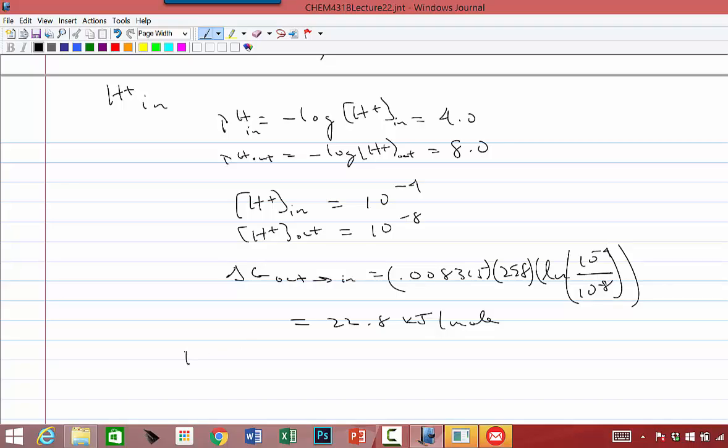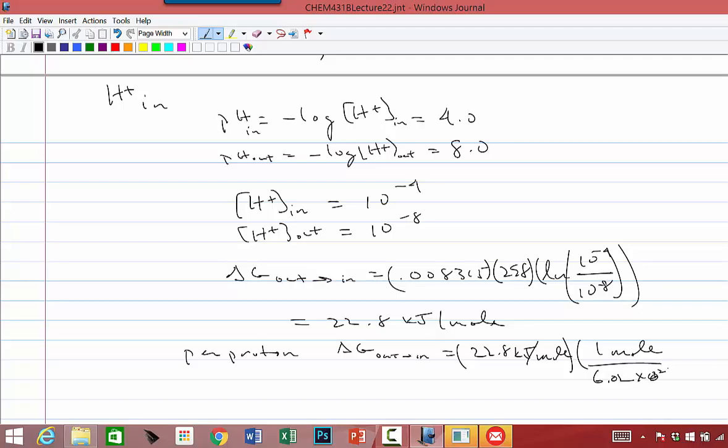So on a per proton basis, delta G out to in is going to be equal to 22.8 kilojoules per mole times 1 mole equals 6.02 times 10 to the 23rd protons, right?